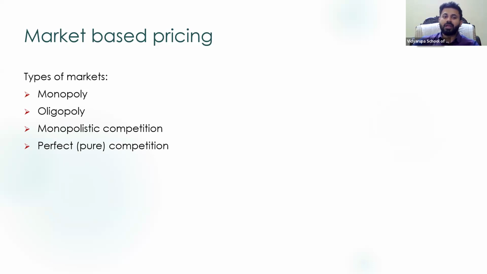Like I said, you don't need to dig in deep and learn the dynamics and features of all these individual markets and be ready to write a one-page essay for each type of market. We don't need to learn that deep. But we need to know how, depending on the type of market in which we operate, it can affect our pricing choices. How the markets can affect the price, that we need to be aware of.